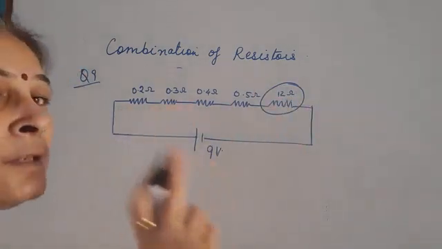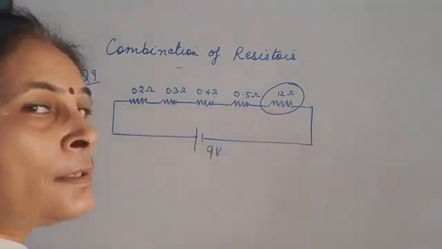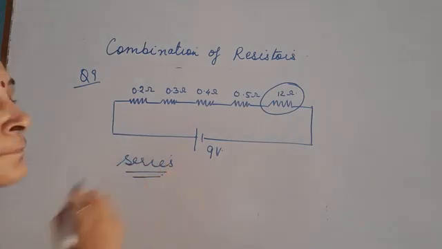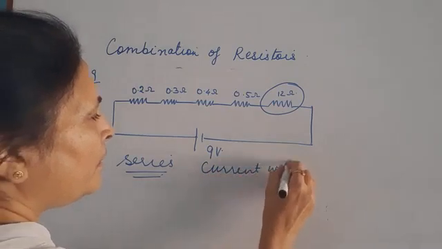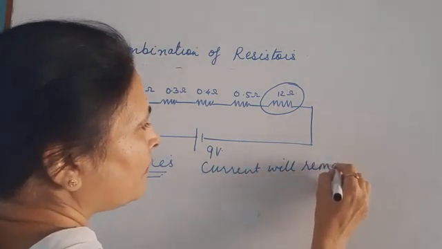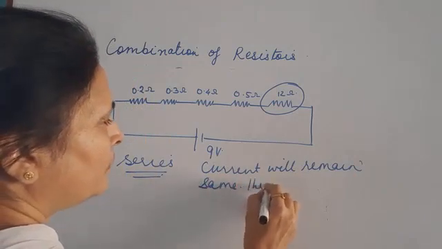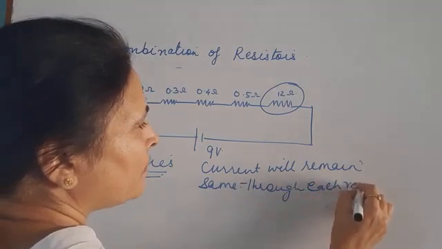The very first thing to keep in mind is: what type of connection is this? Series. So current will remain the same through each resistor. Simple.